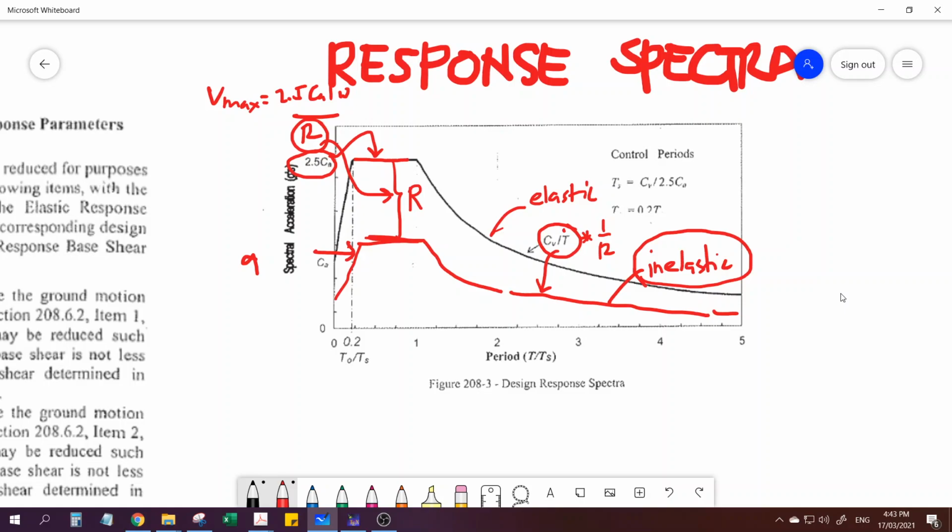As a heads up, in most low-rise structure, what governs is this, 2.5 CaIW over R. So that means if your period is somewhere here in this range, of course, if you are stiff structure, low-rise, you have very low period. So you are in this zone here.